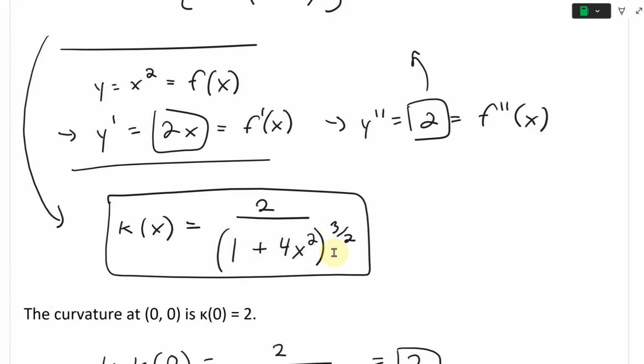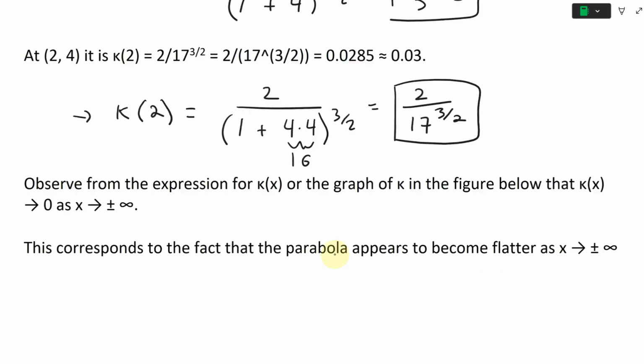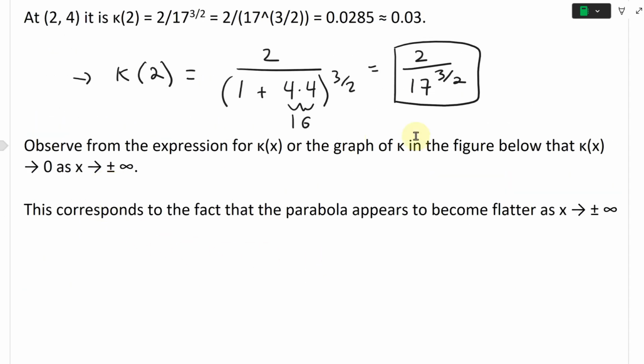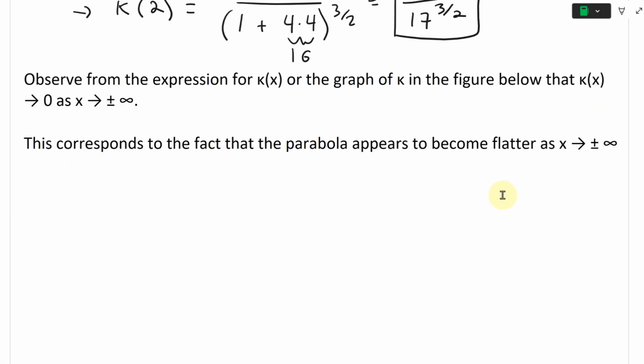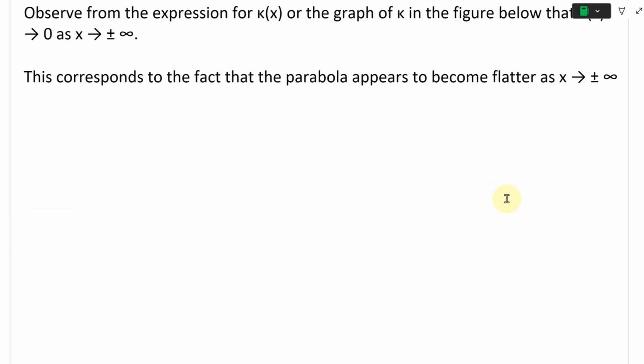This just gets infinitely large. So in other words, if you're dividing 2 by infinity, you're going to approach 0. Doesn't matter plus or negative. So it's approaching 0 as x approaches plus or minus infinity. This corresponds to the fact that the parabola appears to become flatter as x approaches plus or minus infinity. In other words, it becomes straight, and there's basically less curvature.